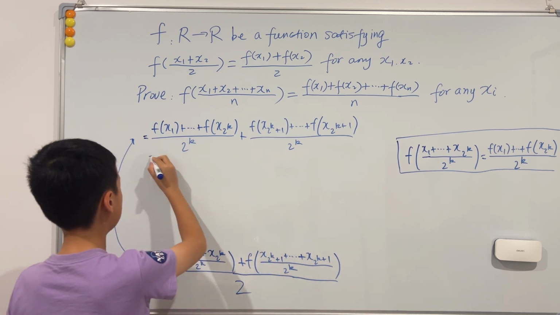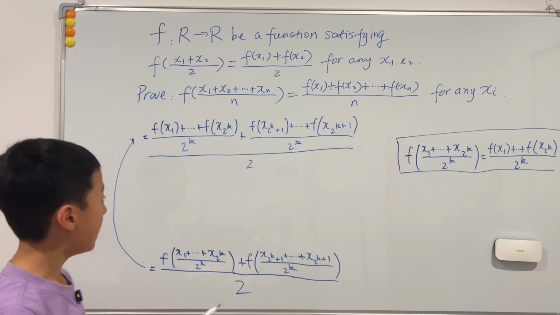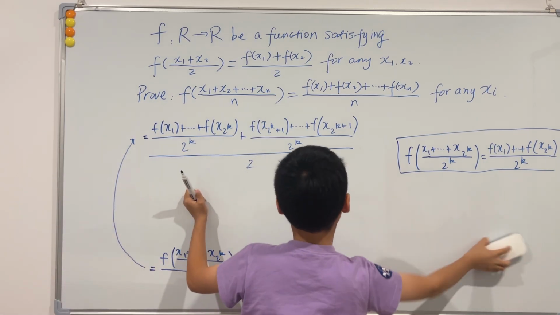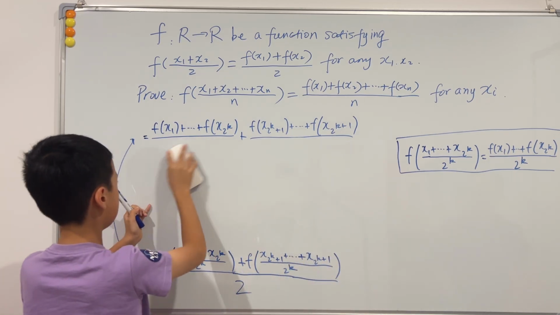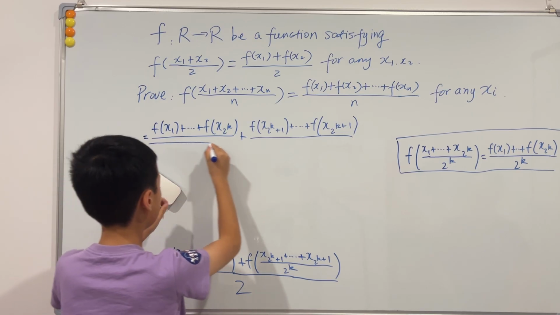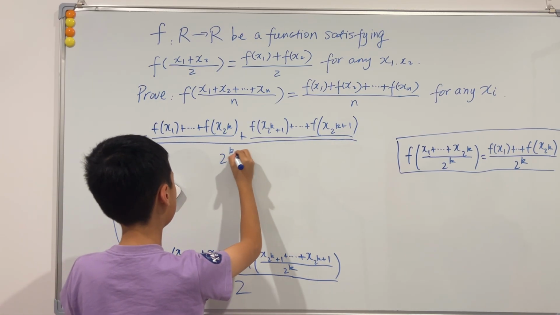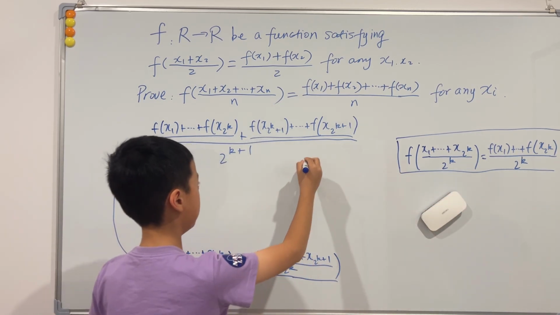And then all of this over 2. So now if we change this back, this becomes 2 to the power of k plus 1. Now you see that now we have proved it.